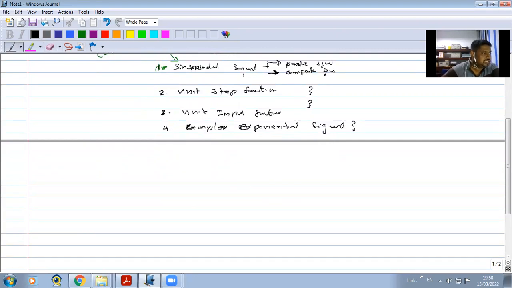We are going to learn about the unit step signal or unit step function, the unit impulse function, and the complex exponential signal.